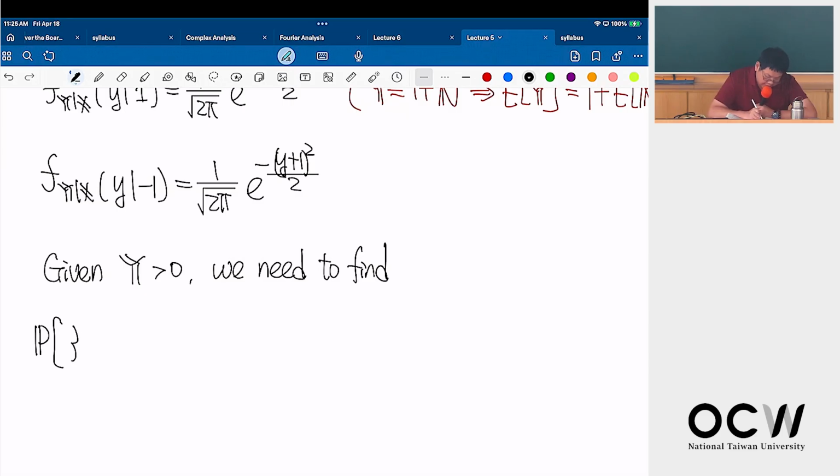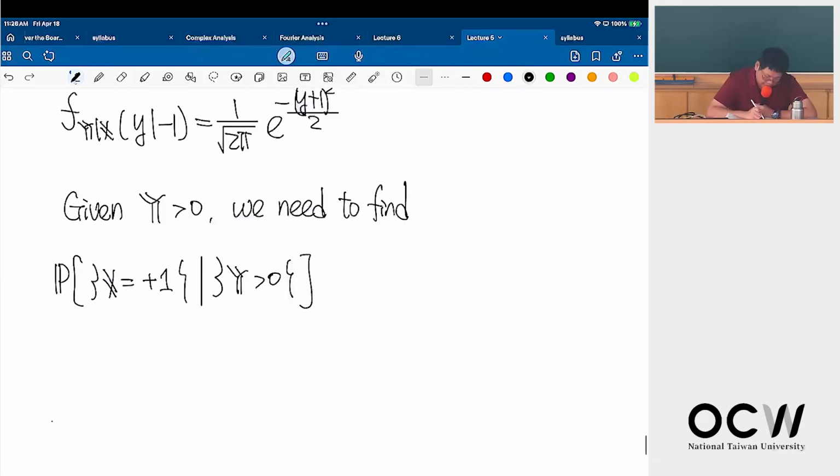So x is plus 1 given y is greater than 0. And also I want to find x is minus 1 given y is greater than 0.